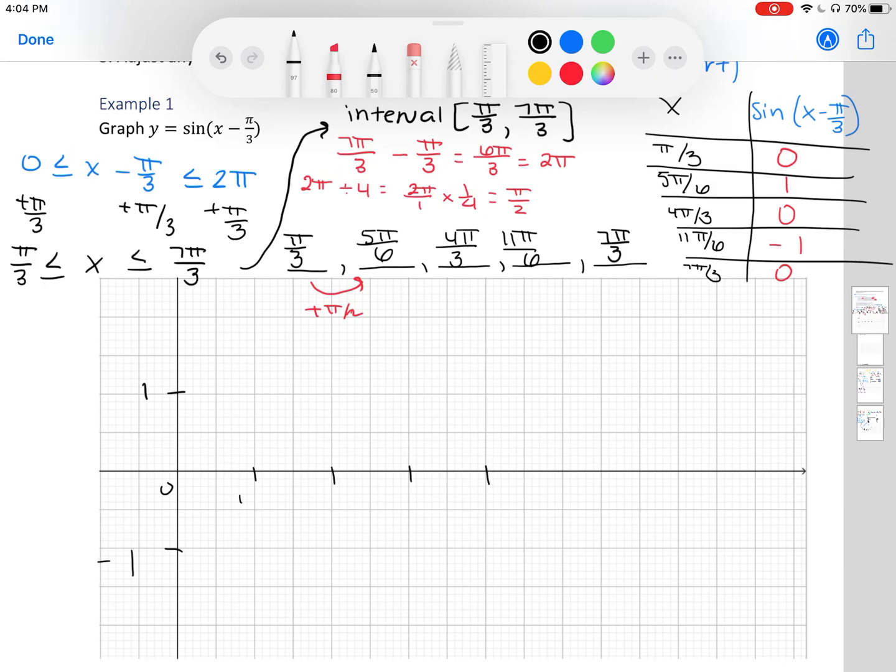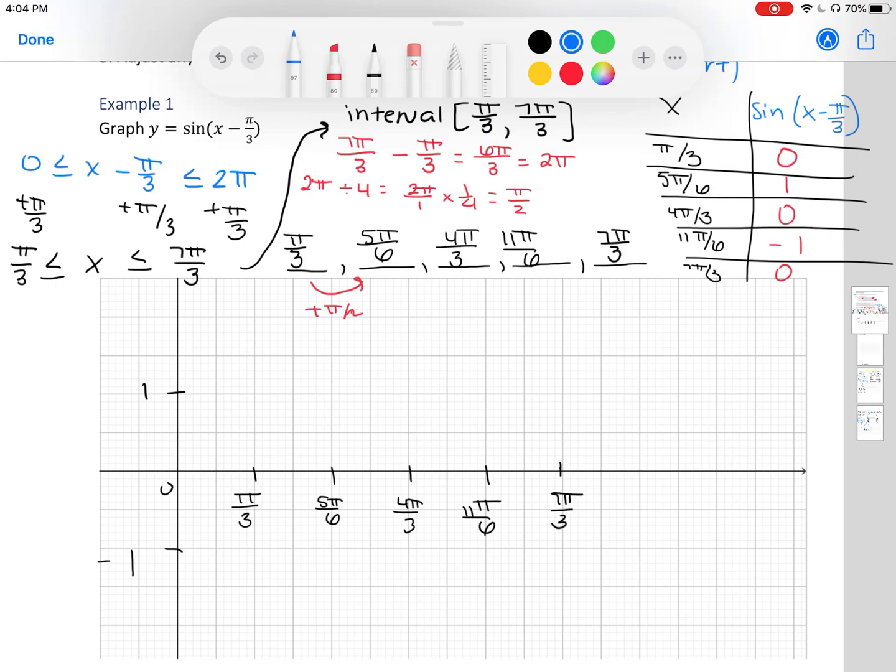So I have 0, then I have pi over 3, 5 pi over 6, 4 pi over 3, 11 pi over 6, and then we want 7 pi over 3.